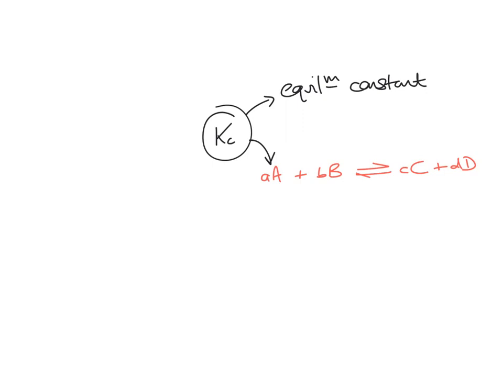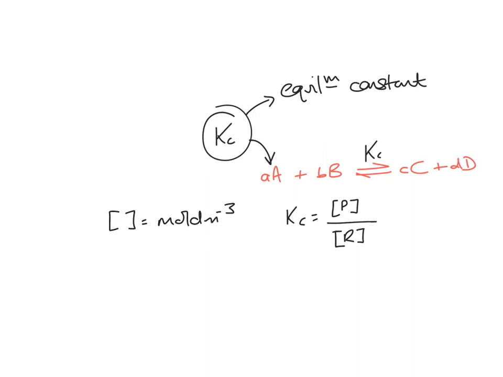So for example, if this was a 1, it means there's 1 mole of A. If it was a 2, it means there's 2 moles of A. Then we can generate the equation Kc based on this idea here, that Kc is the concentration of all the products divided by the concentration of all the reactants. And just to remind you, square brackets in chemistry always means moles per decimetre cubed.